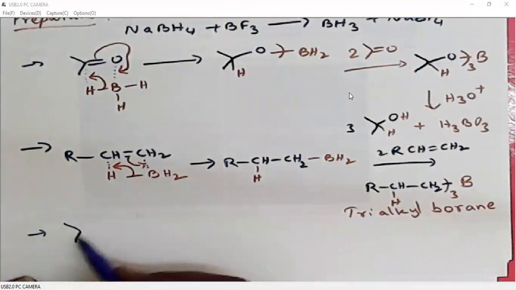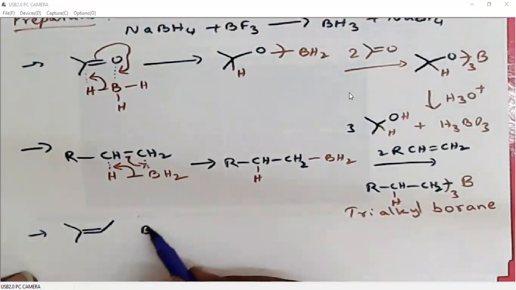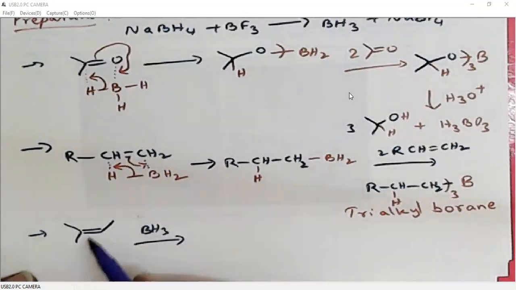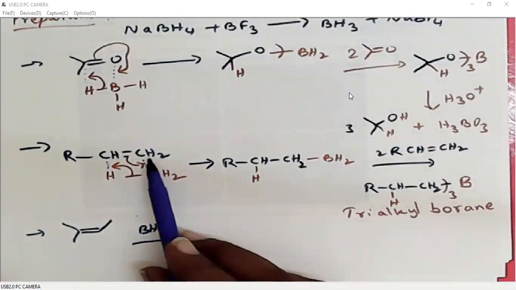So when we react 2-methyl-2-butene, or isopentene, with the borane, we can say this is a terminal double bond.